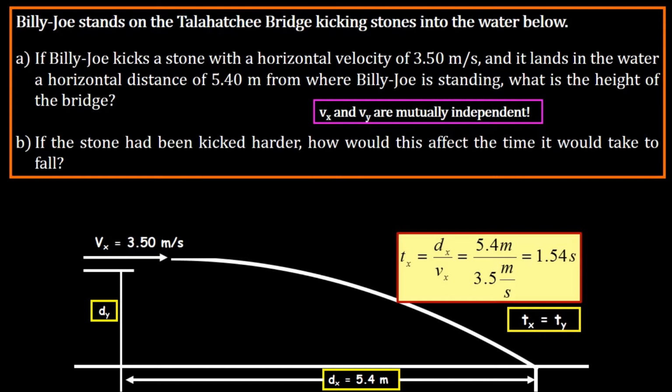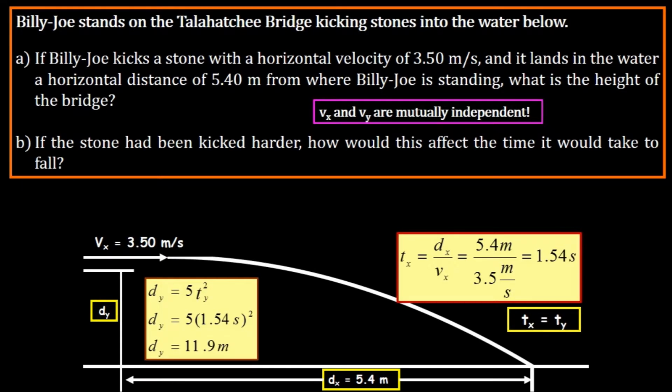So what do I do now? Now I know what Ty is, and I have a simplified equation for falling from rest. So dy is going to be 5 times 1.54 seconds squared, and the answer will be 11.9 meters.